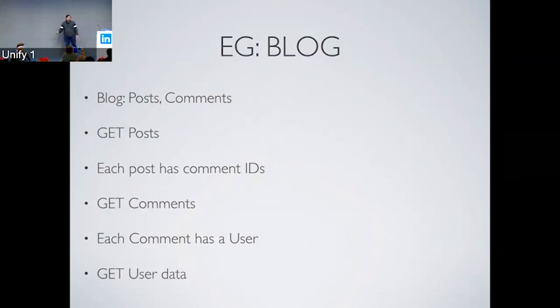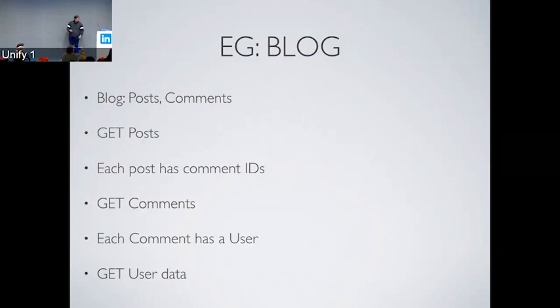And if you have those IDs, you can go to each of those IDs and you can send a new GET request for each comment to get that comment data down. Now, for each comment piece of data, you might have the ID of the user that made that comment. And if you want to, for example, display it underneath the blog, now you need to get the data for each of those users down. So as you can see, it ends up becoming a lot of requests back and forth, and then you combine that data all on your client side.